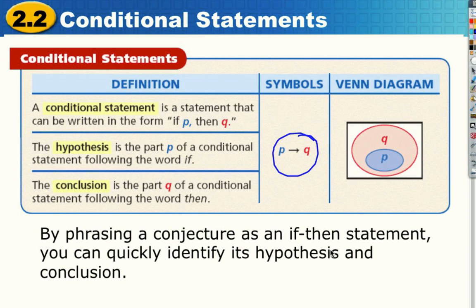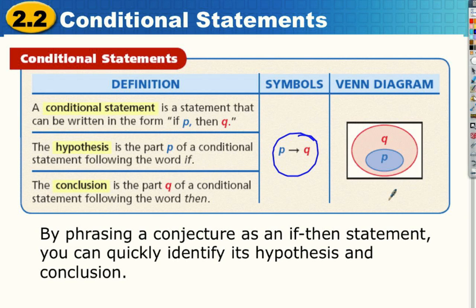P arrow Q is read if P then Q. This can also be represented in a Venn diagram. P is the innermost circle, Q is the outer circle, and then the rectangle is the universe.